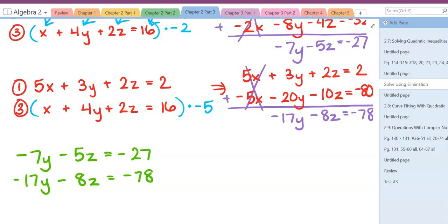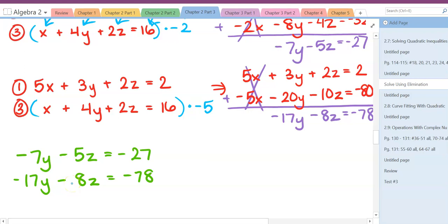So we have to eliminate y or z, doesn't matter which one. You're going to have big numbers no matter which one you do, because you're going to have to multiply both equations by something. So if you're trying to get rid of the z's, let's say, right now you have a negative 5z and a negative 8z.